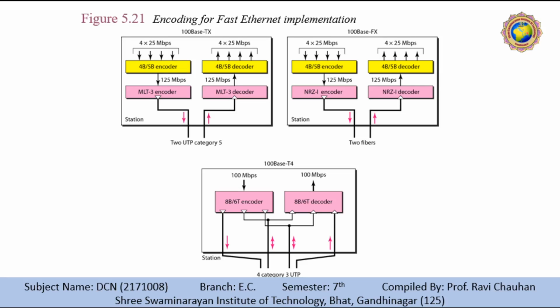However, NRZ has a bit synchronization problem for long sequences of zeros or ones. To overcome this problem, the designer used a 4B/5B encoder and decoder, as you can see in this figure. The block encoding increased the bit rate from 100 to 125 Mbps, which can easily be handled by the fiber optic cables.